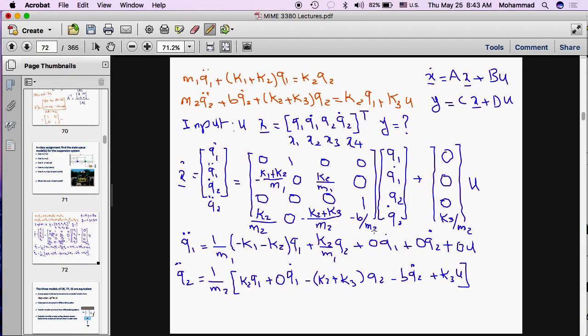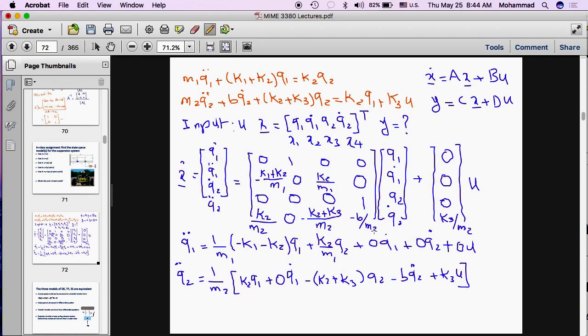So we have a 4 by 4 matrix for matrix A, and that is expected because the order of the system is 4. We have a 4 by 1 matrix for B. That is also expected because it's a fourth order system with one input. So what is left from our state space model?